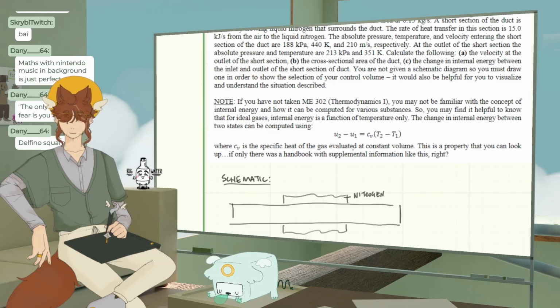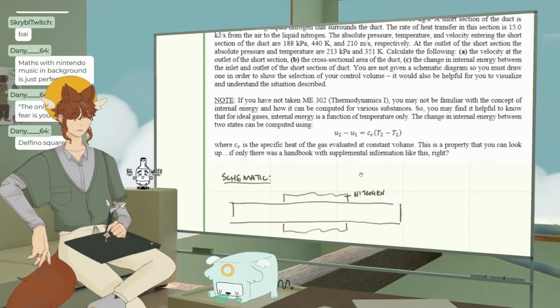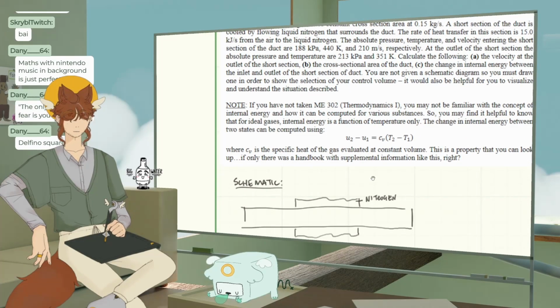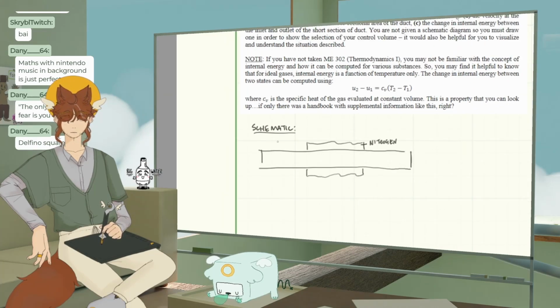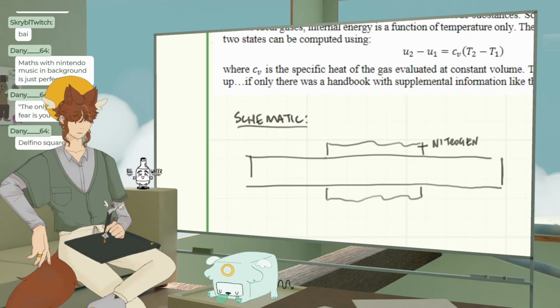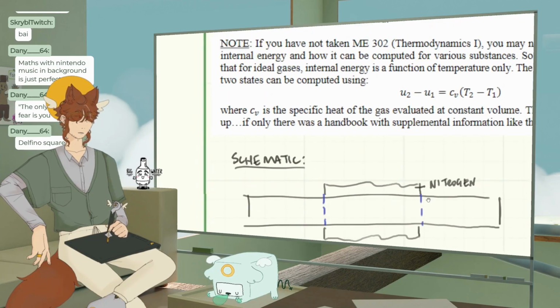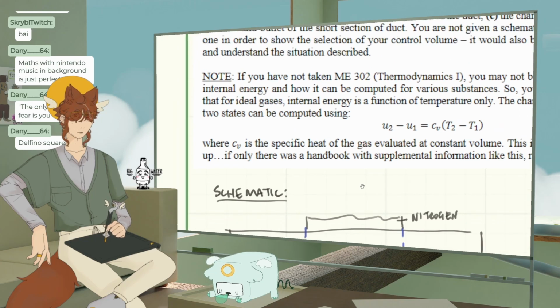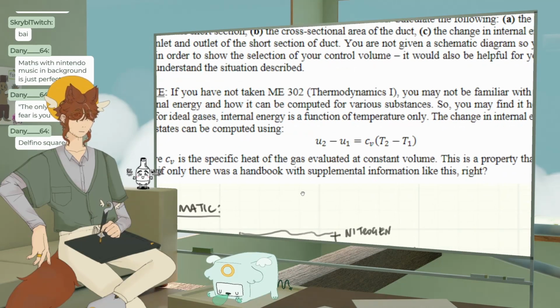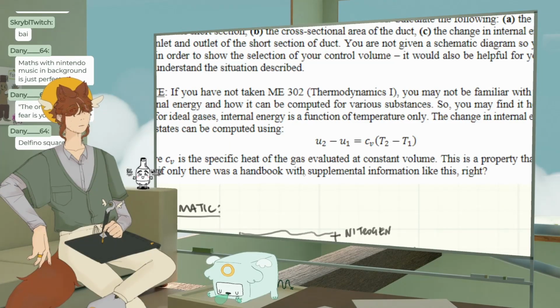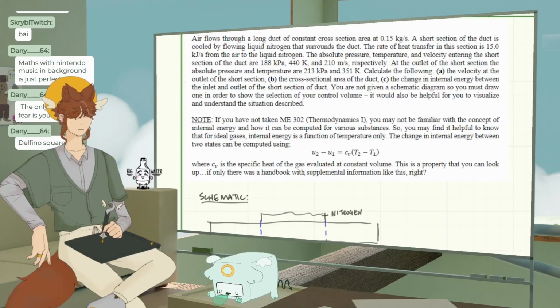Alright, sick. Okay. Cool. I think that's really all we need for a schematic. Did I spell schematic right? Yes. Alright, control volume. I'm gonna guess we gotta do this. We know in and out, and it is a duct. Do we know the internal pressure?